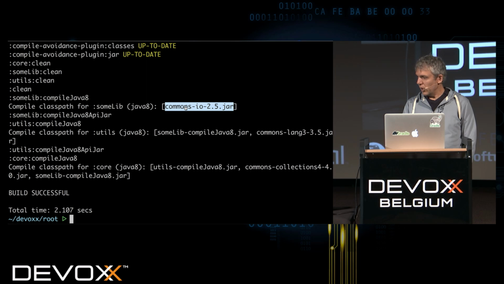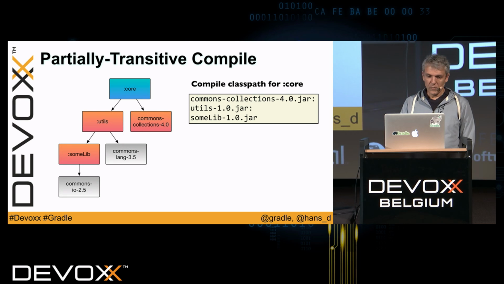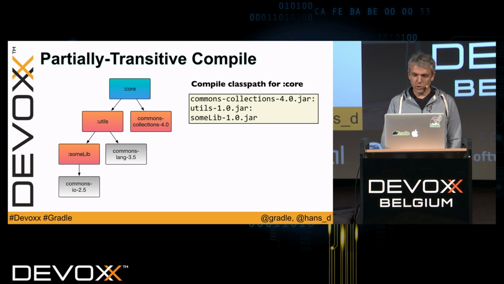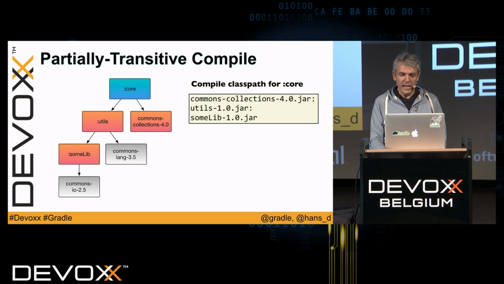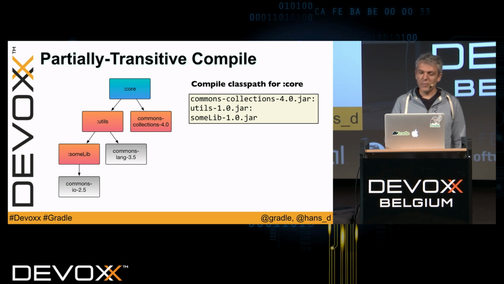Okay, so the recommended default for Gradle will be non-transitive, but as shown, you can tell Gradle easily that additional libraries need to be exported and are part of the API. And this solves one part of a bigger problem, right?